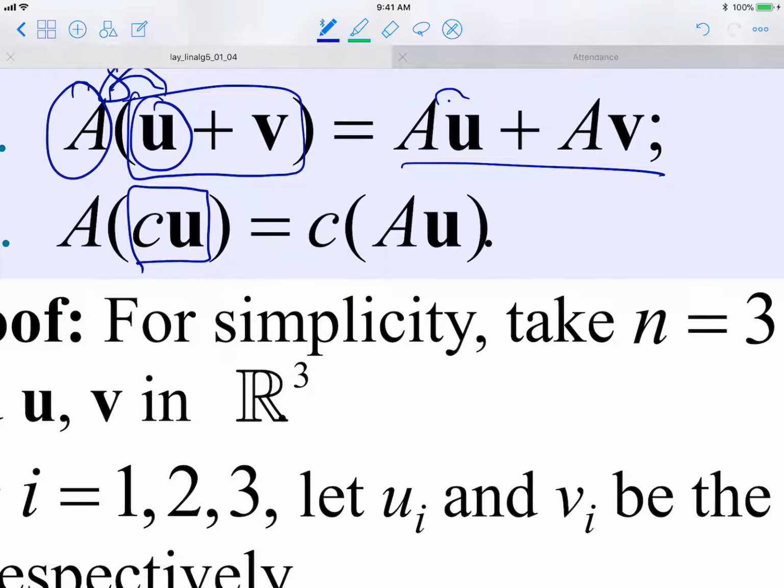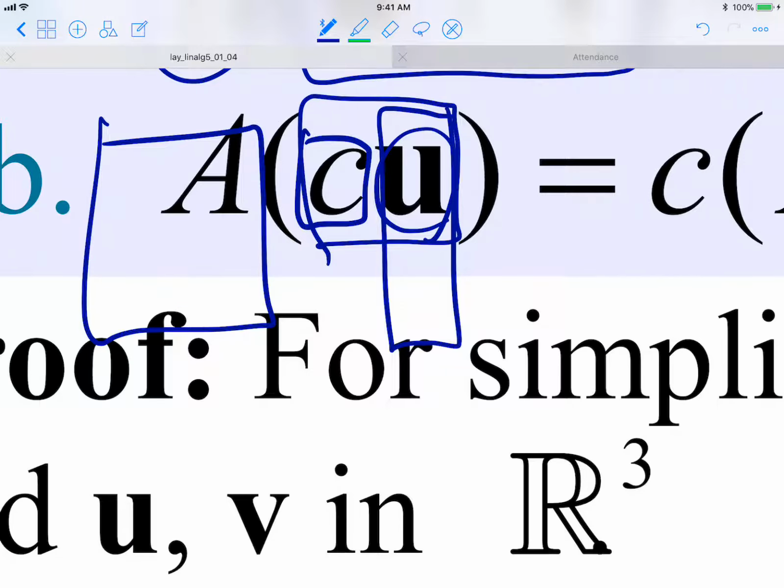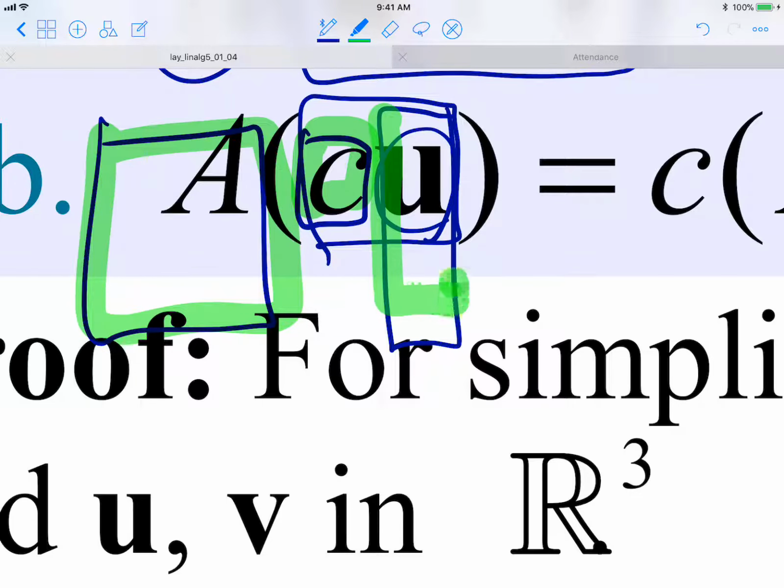In this case, please note that this guy is a column vector because it's written in boldface, and this is in a plain font, so it is a scalar, right? So it's like matrix A here, matrix A here, and then some scalar and some vector.